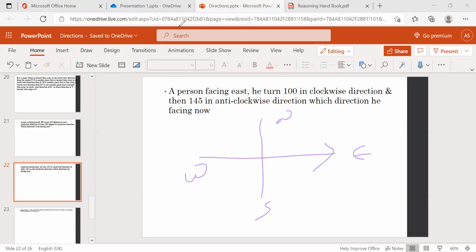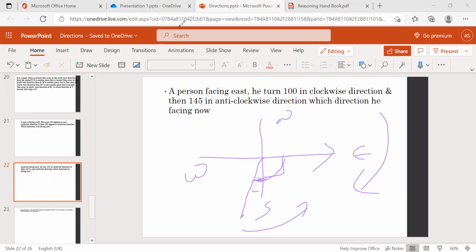So 100 degrees in clockwise direction. Clockwise direction is like this. So 100 degrees: this is 90, and then from here just 10 degrees more. This is nothing but 100. From here, anti-clockwise, that means like this, 145 degrees.